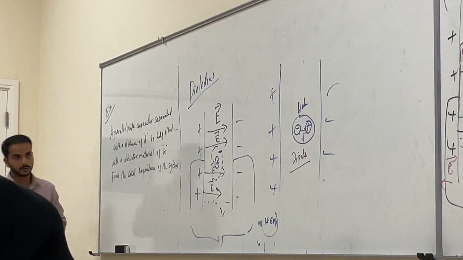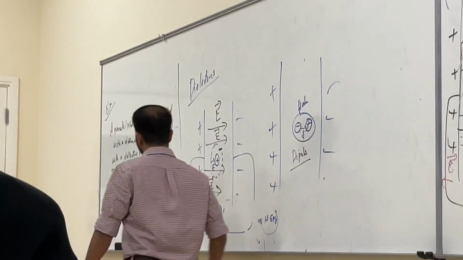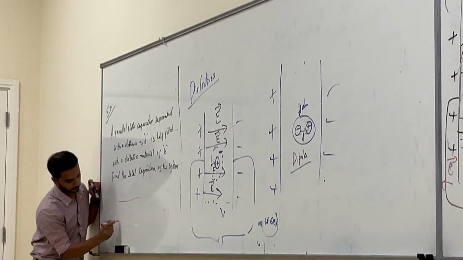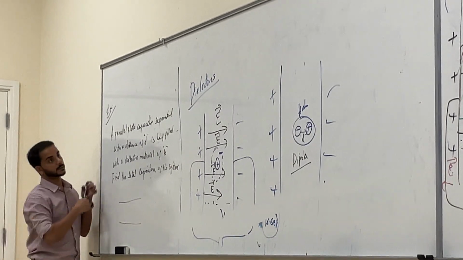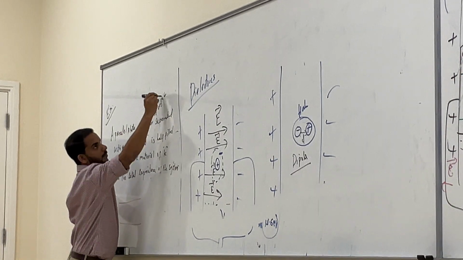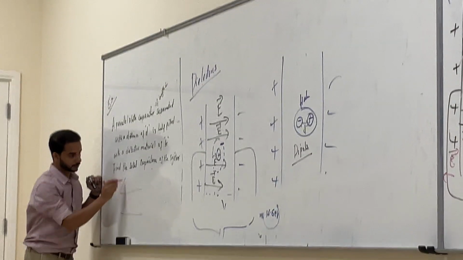Right? So first thing first, you have the capacitor, a capacitor of length L. Just a second. So you have a parallel plate capacitor.